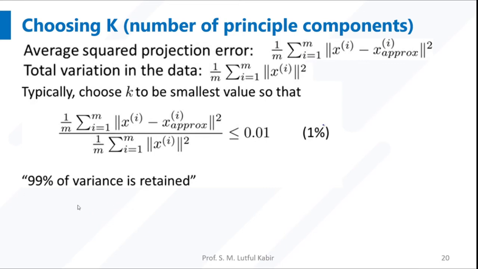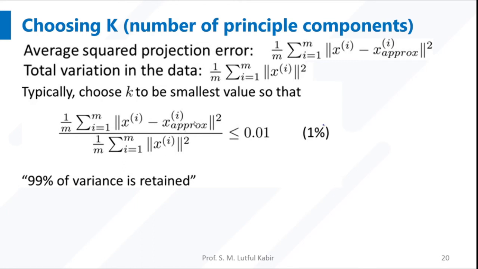What does it mean? It means that if, for example, there is no error in the numerator, this quantity will be 0. That means 100% variance is retained, that means no variation between the actual data and the projected data.